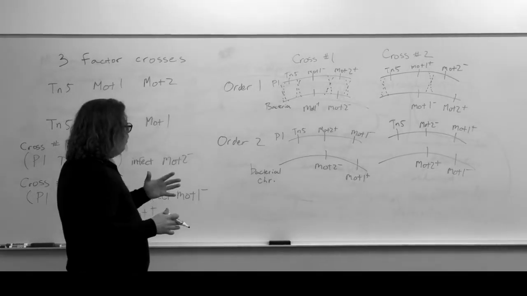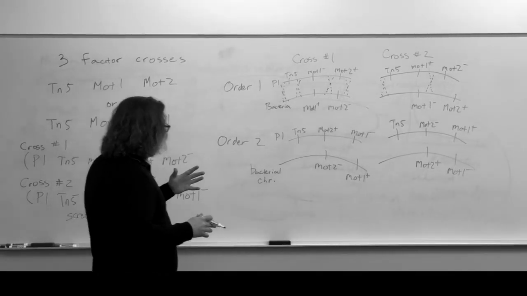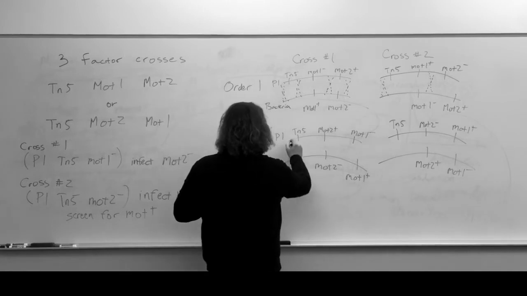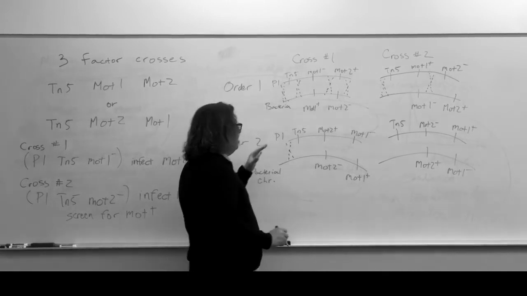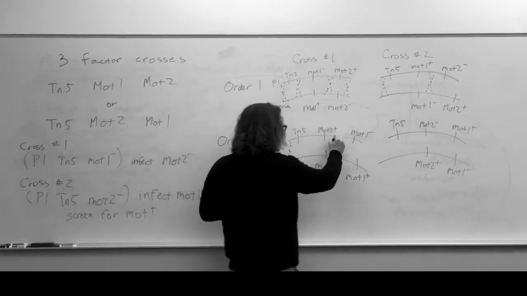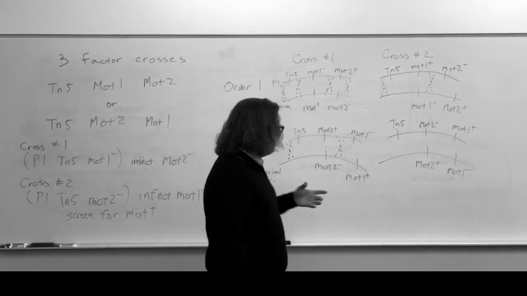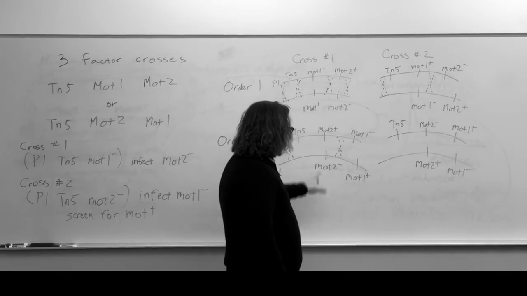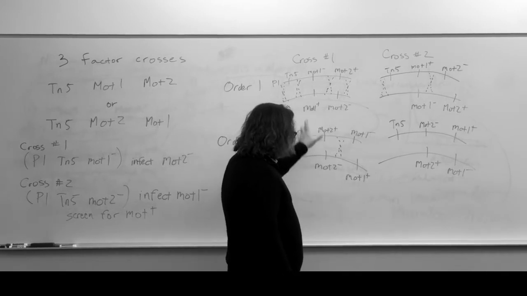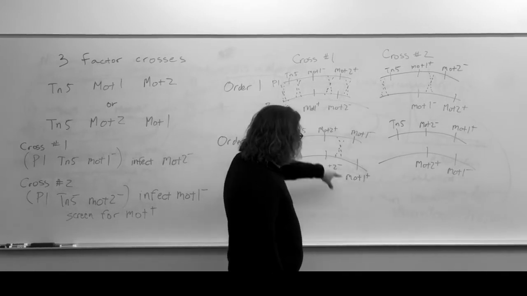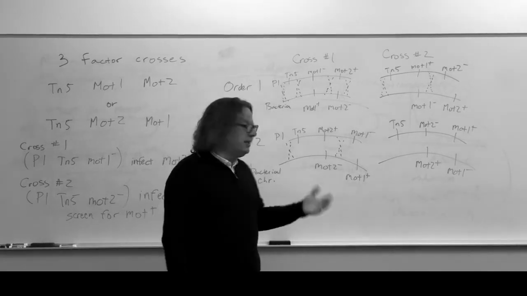So let's think about order number 2. In order number 2, we can bring in Tn5, and we can also bring in mot 2 plus in the same event. So we're bringing in essentially this chunk of DNA into a target cell, or into the target chromosome, where you now have mot 2 plus and mot 1 plus together.